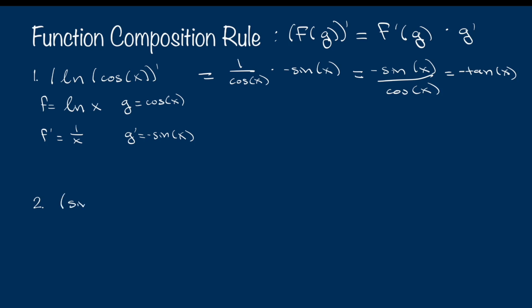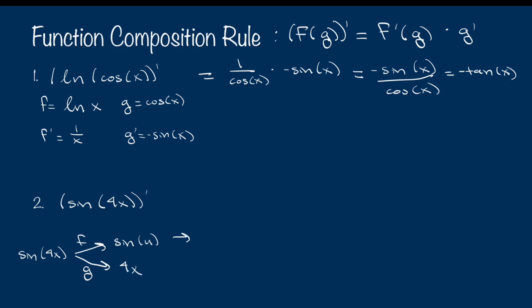Next, we have sine of 4x, and if we want the derivative, we're going to do the branch. So we're going to have our f and our g. Our f is going to be, I'm going to just put u as a placeholder, sine of u. Our g is going to be 4x.